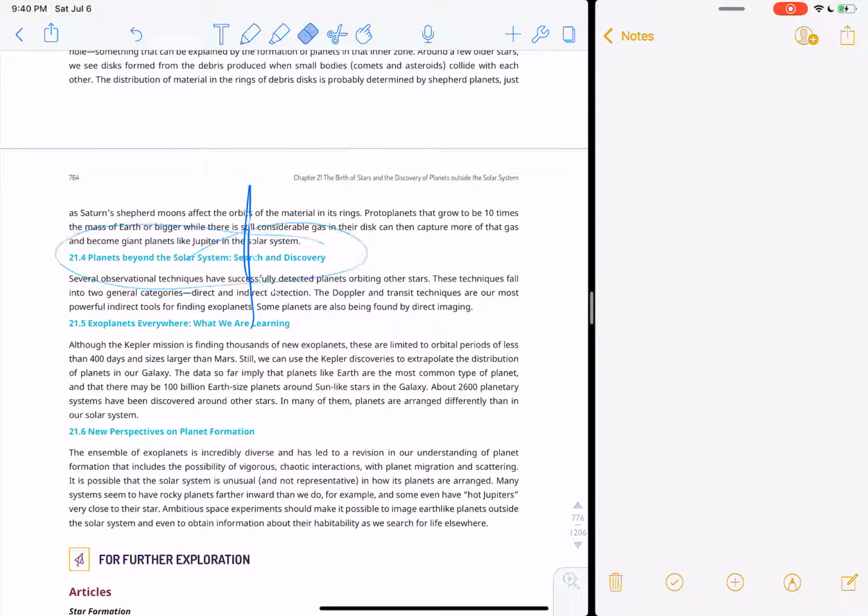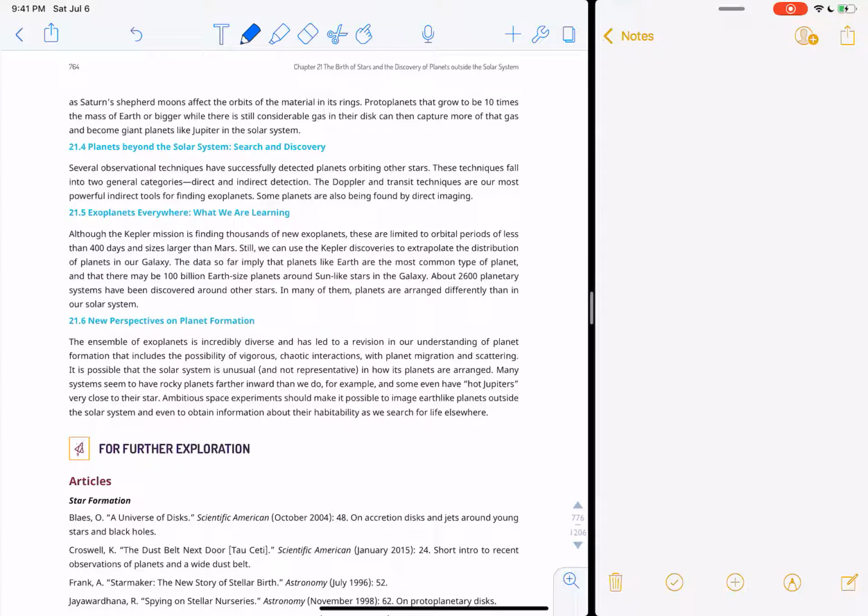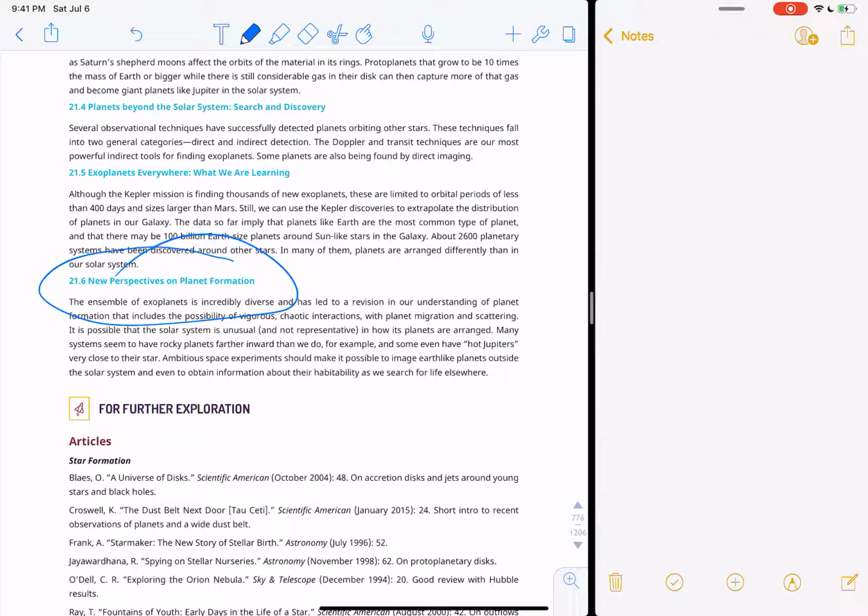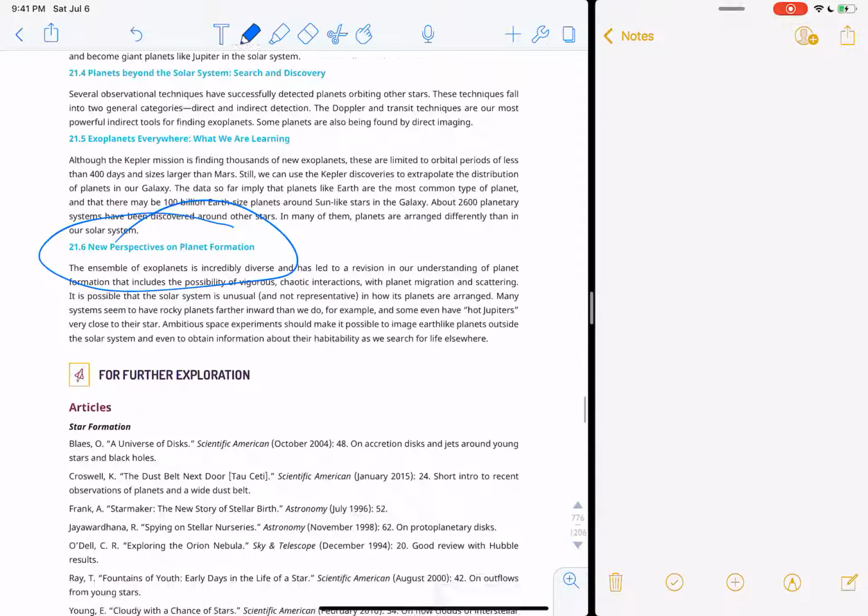We're trying to catalog them in terms of size relative to Earth and other aspects, like whether they're in the habitable zone of their star or not, to help us decide which ones to zoom in on and see if we can detect evidence of life, for example, oxygen in the atmosphere or other things like that. This has helped us understand how planets form and how solar systems behave.